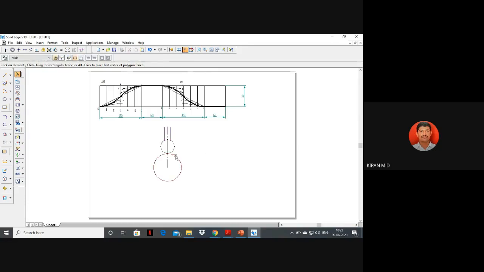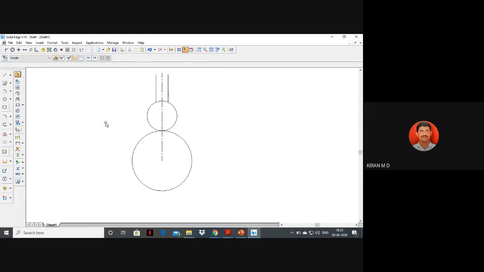Okay. So now we are going to use the same procedure that we have done previously. First we have to divide into angles. So what is the angle? Initially it is 120 degree, right? You draw this one line.